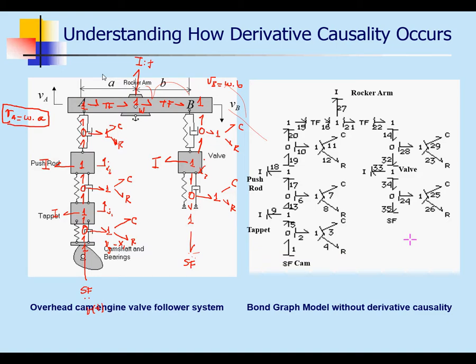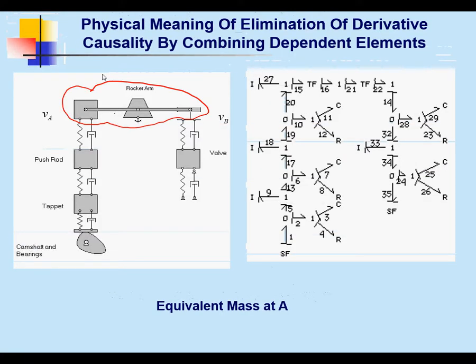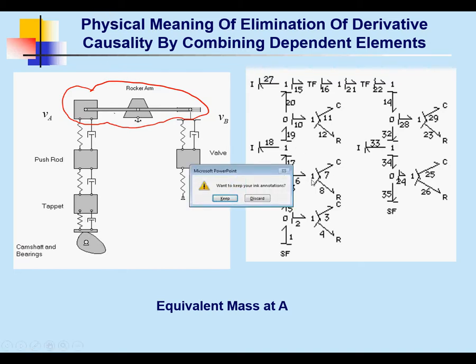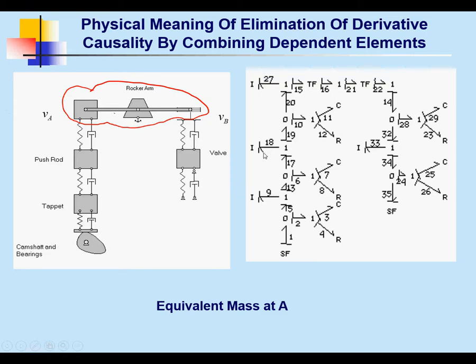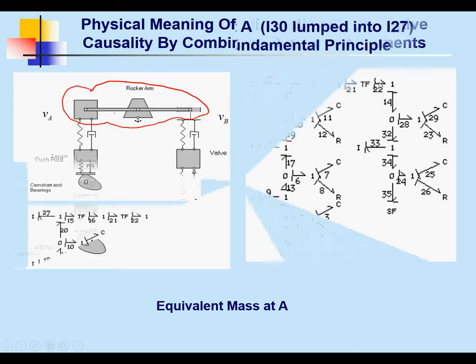They should have the same effect, the same physical consequence on the behavior. So in this case, we have an equivalent system that has only one mass. And when you do the causal assignment, everything is fine. And this model can be processed fine.